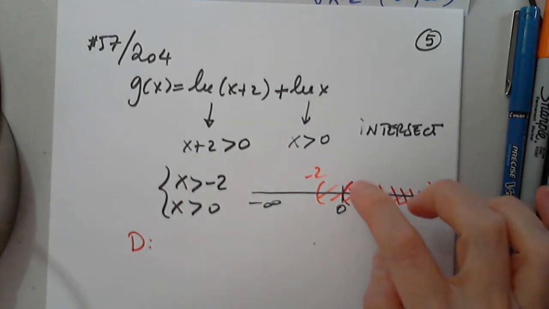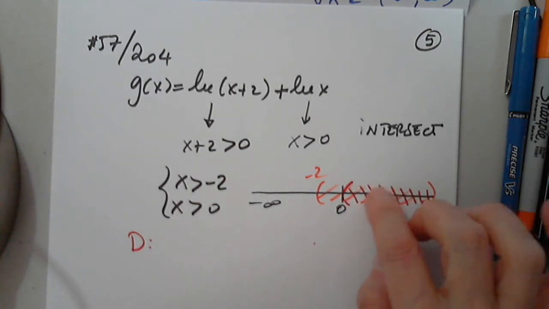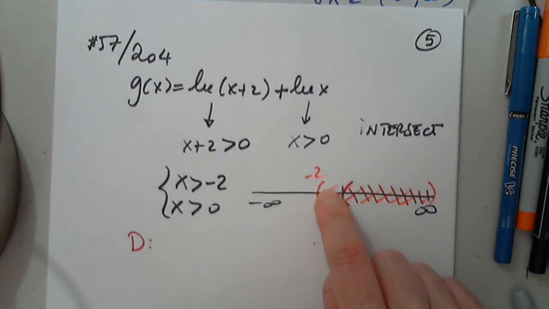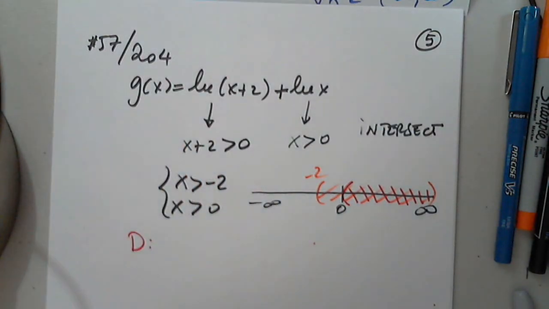Brilliant, because we have to look for both colors. Where I have both colors, they both exist at the same time. If I choose this piece, only the first one exists and this one doesn't. If I choose here, none. So thank you very much. The domain is 0 to infinity. Done. Okay, let's look at some more problems unless you have questions for me.